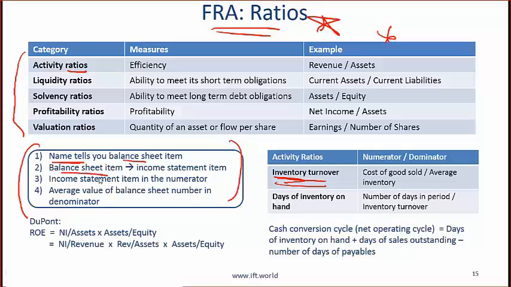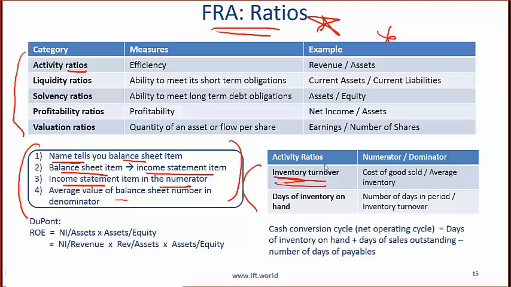Then the balance sheet item tells you the corresponding income statement item. If it is inventory, what's the corresponding income statement item? Obviously it's cost of goods sold. Then remember that the income statement item will always be in the numerator, and in the denominator typically we'll take the average of the balance sheet item, average of beginning balance and ending balance. So based on that you can then come up with any ratio.